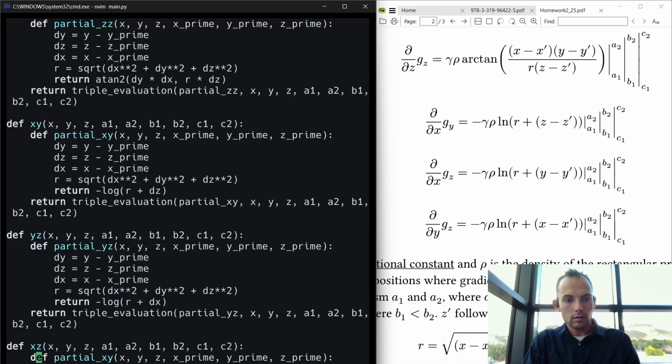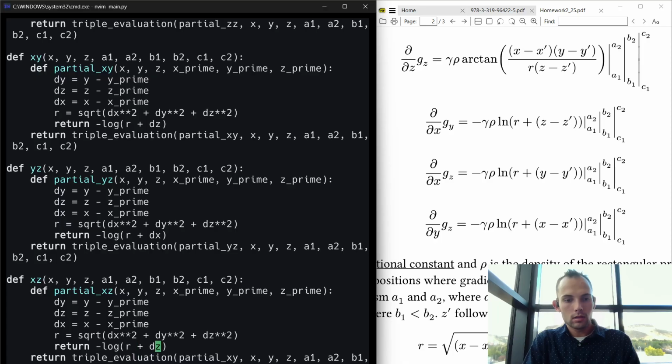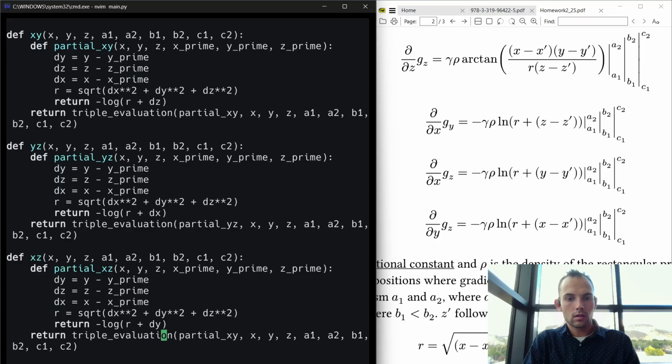No debugging, please. Okay, I think that's right. Let me look for a second. Everything's still unscaled, but we're looking kind of good.